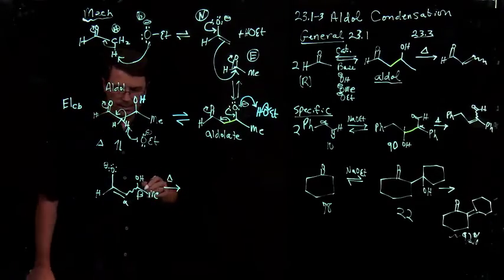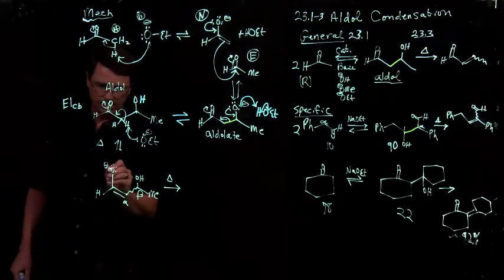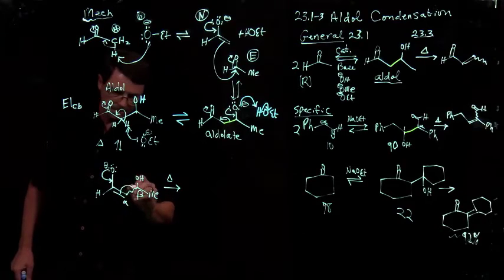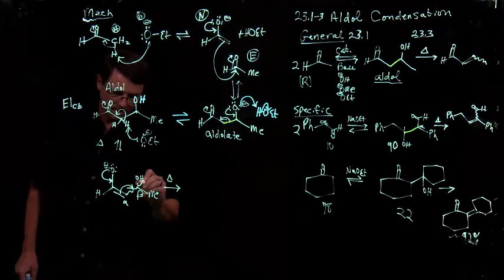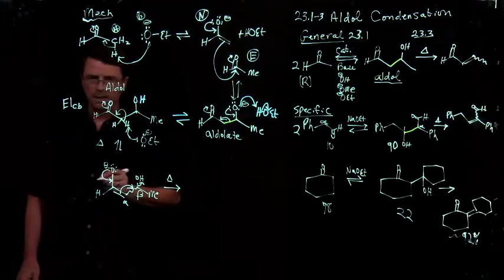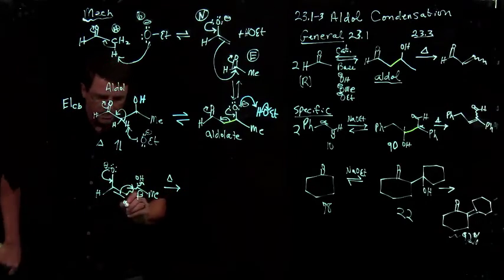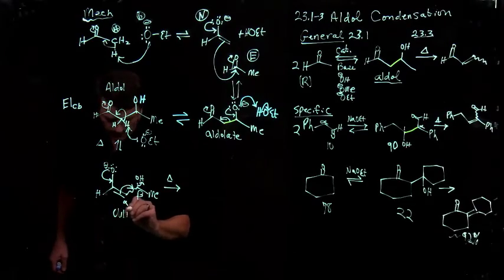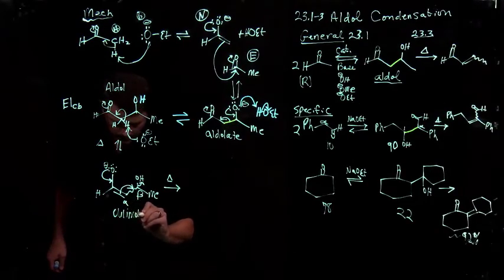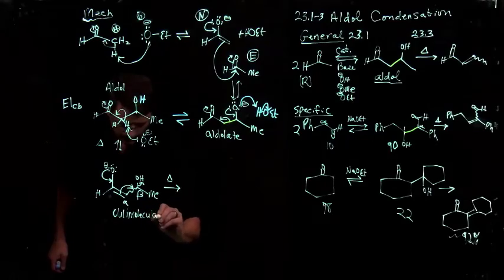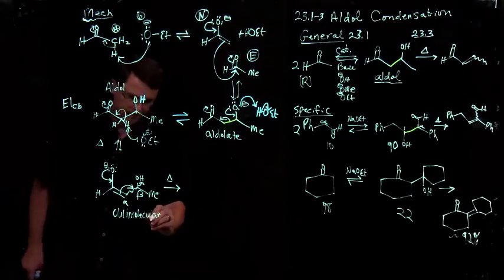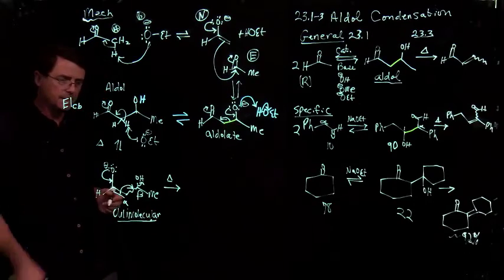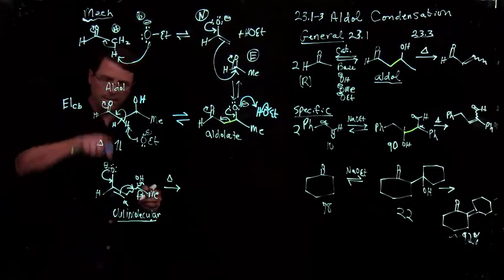So we're heating this up in this second step of the reaction, and this provides the driving force. And we eliminate the hydroxide. So in a unimolecular elimination process, first in an equilibrium we make the conjugate base.